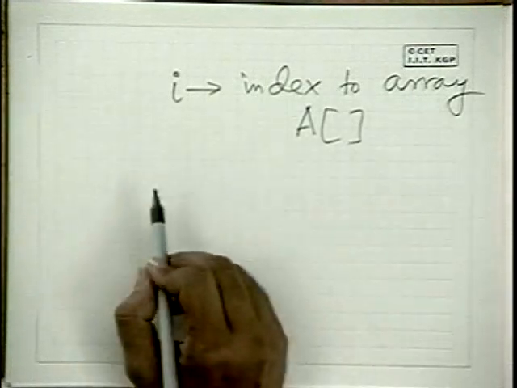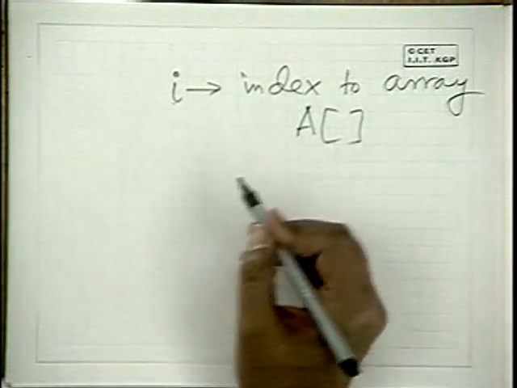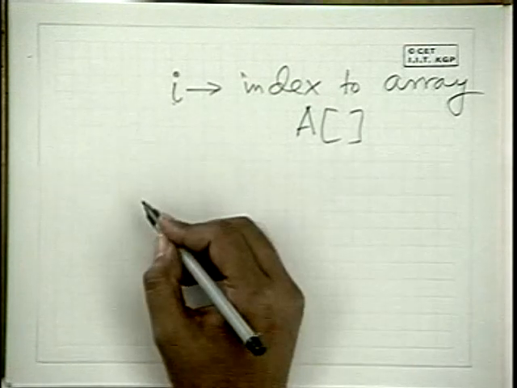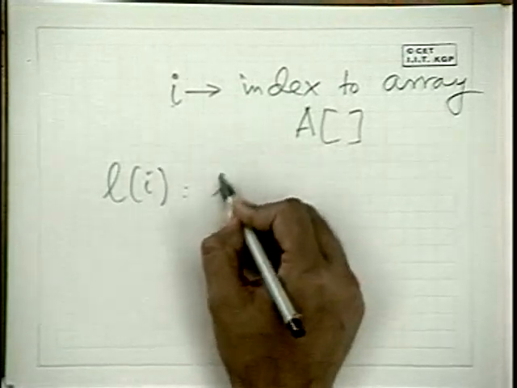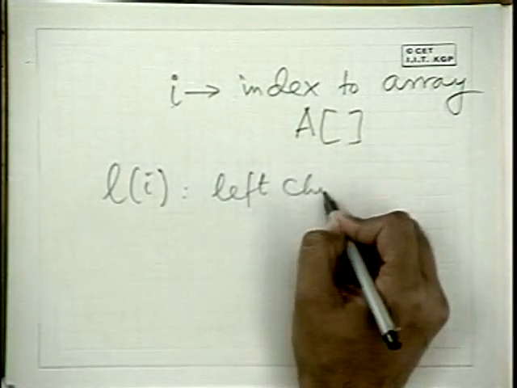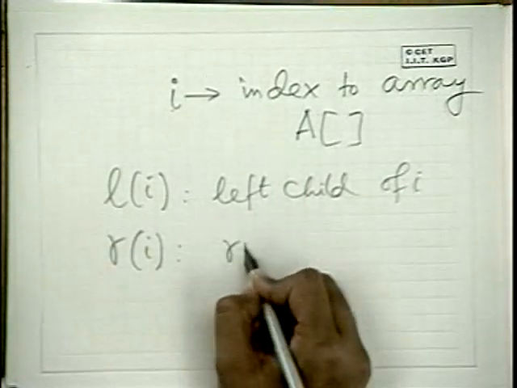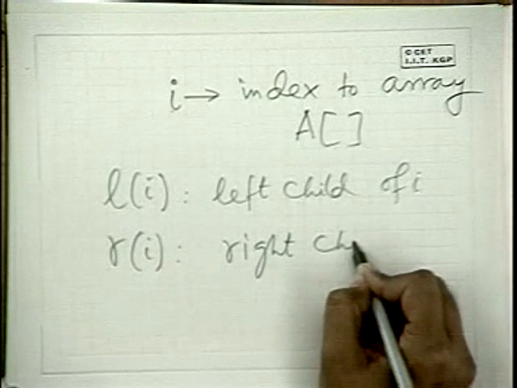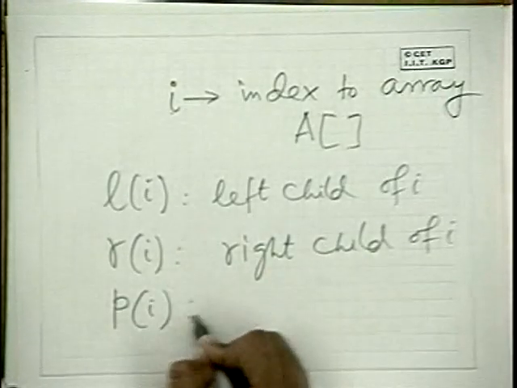So suppose a node has been mapped to the index I. Li is the left child of I. Ri is the right child of I, and we denote Pi as the parent of I.